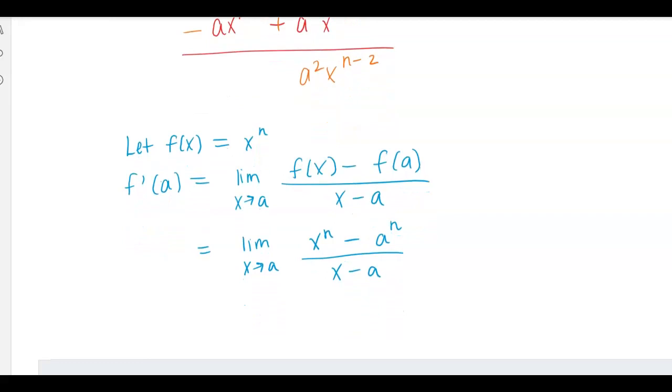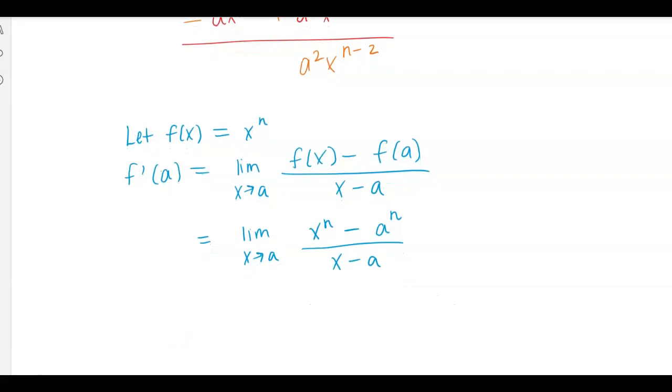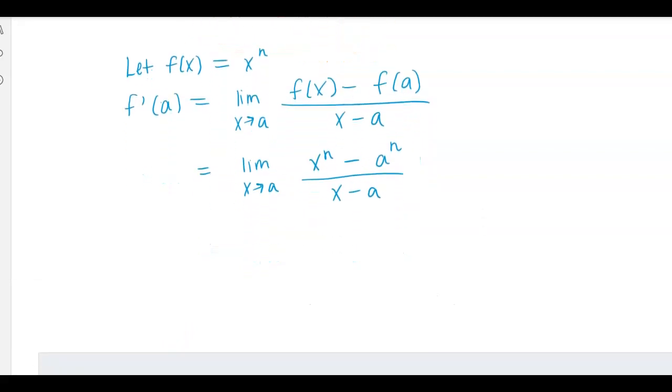So that's why I had that long division at the front, so that we can use the fact that we had at the beginning to say that this is going to be this long polynomial where each of the x terms is going down by 1 exponent and the a terms are going up by 1.